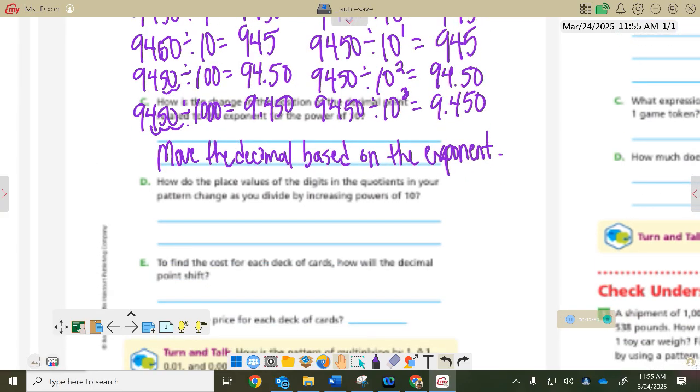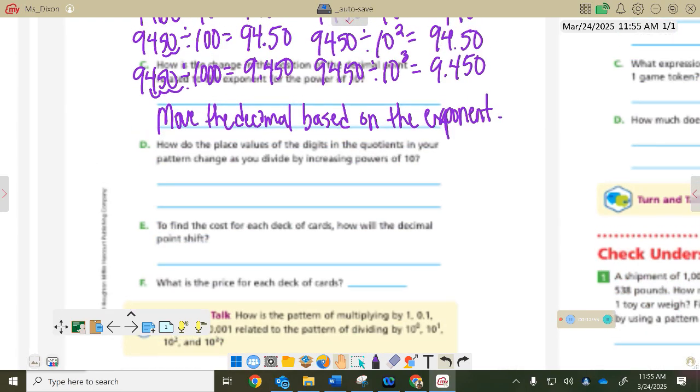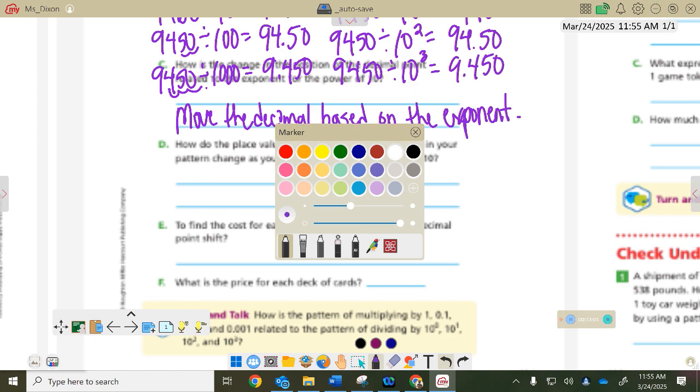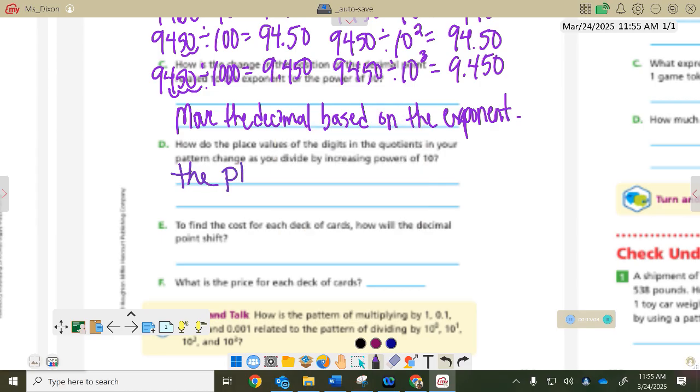The place value gets lower. The place value gets smaller.